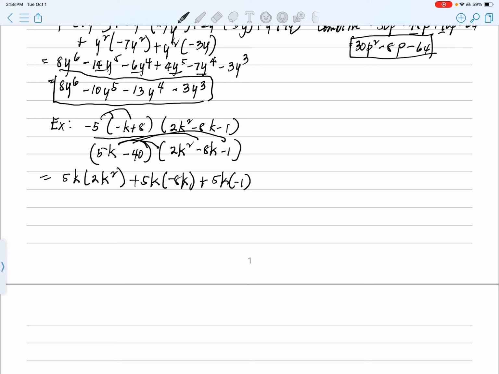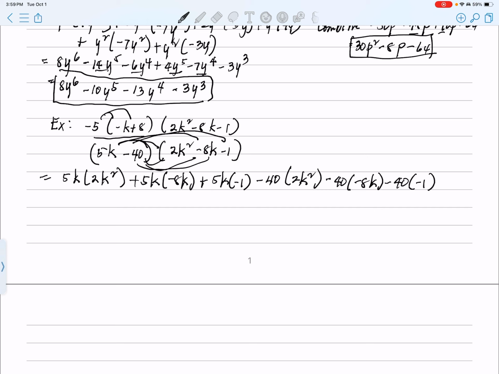Then do the second term. Minus 40 times 2k squared, minus 40 times negative 8k, then minus 40 times negative 1.